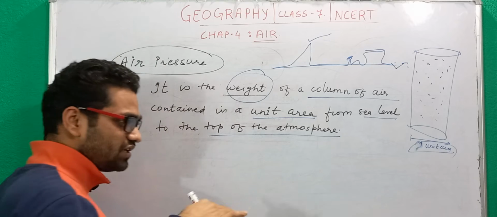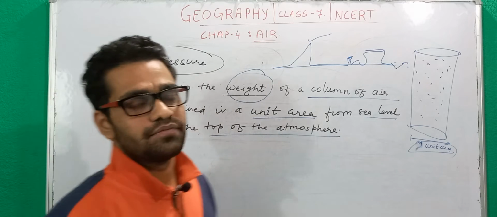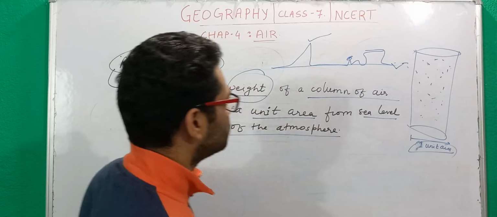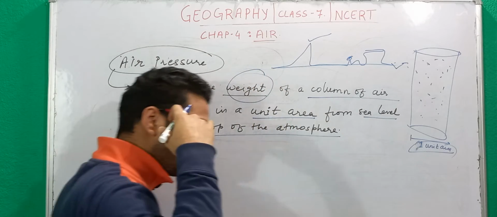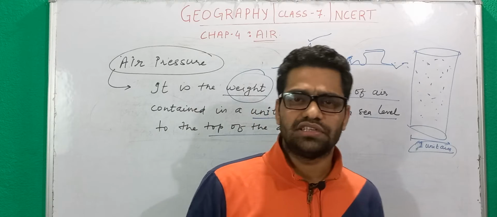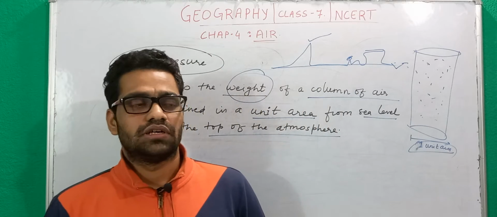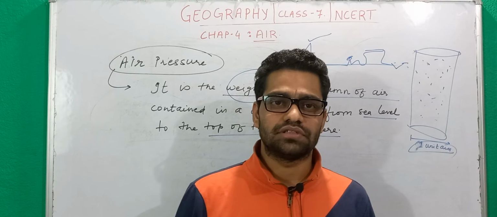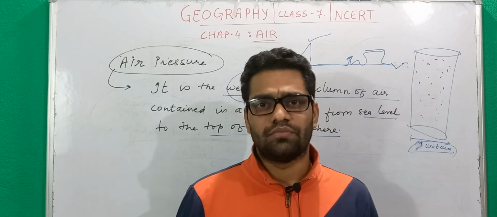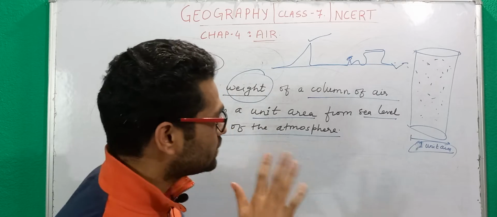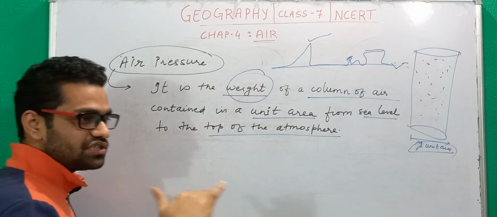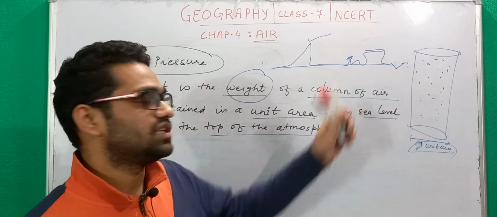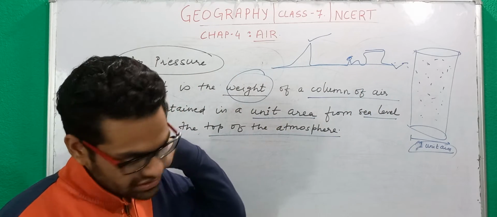So we have a very uneven topography when we talk about land. When you go to any sea, either the Indian Ocean, Pacific Ocean or Atlantic Ocean, you will find that the water level is more or less the same. So that is why we take sea level, because there is uniformity in the level, unlike land.